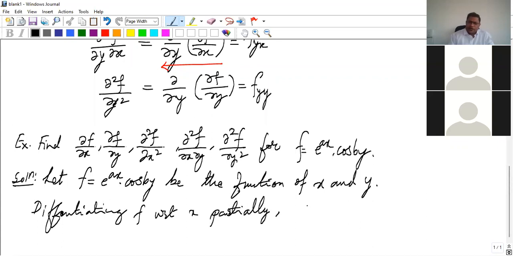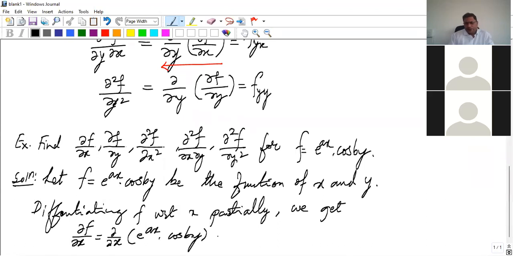Okay, differentiating f with respect to x partially, we get ∂f/∂x equals ∂/∂x of e^(ax) cos(by).